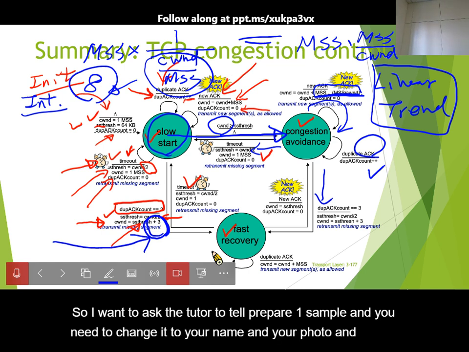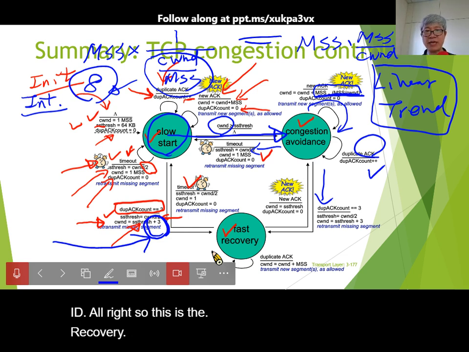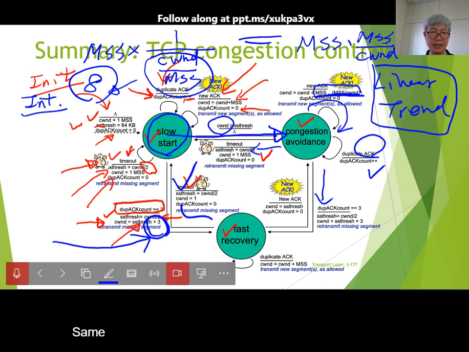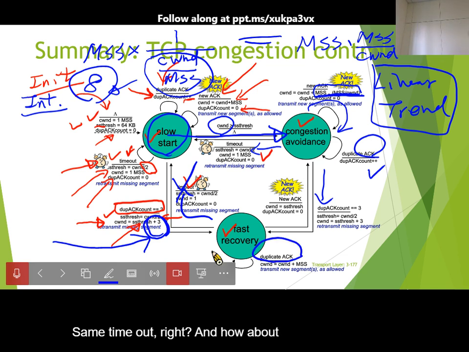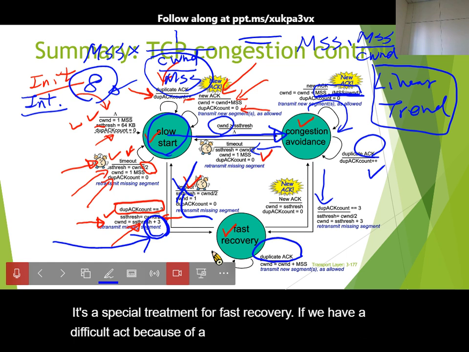All right, so this is congestion avoidance, and finally fast recovery. Fast recovery, same timeout, right? And how about duplicate ACK? It's a special treatment. For fast recovery, if we have a duplicate ACK, because of fast recovery, we still allow the congestion window to increase.